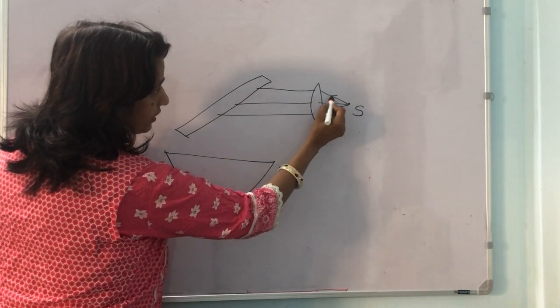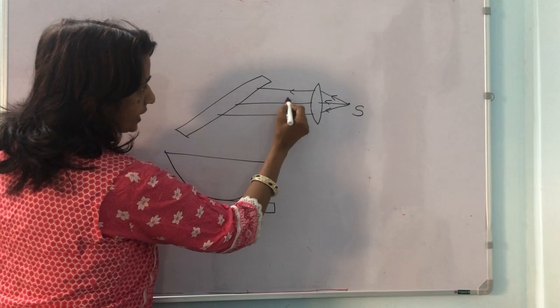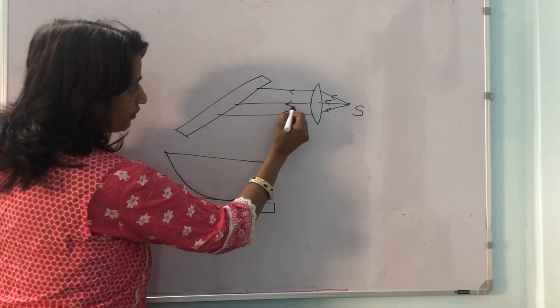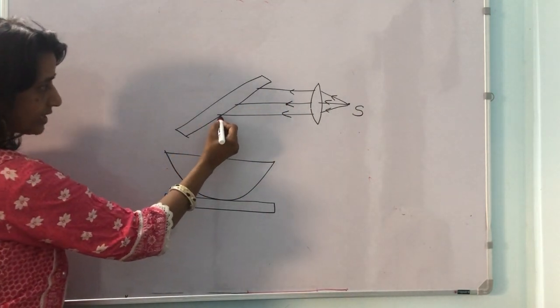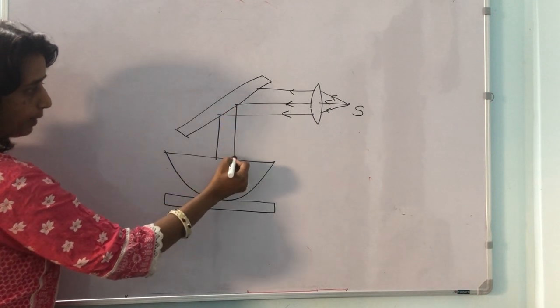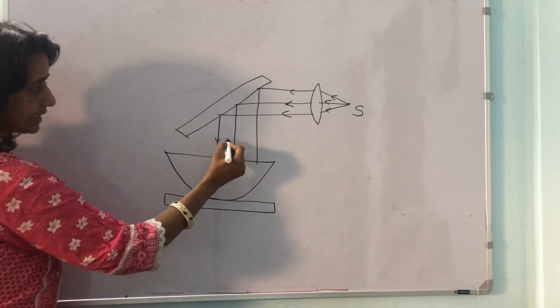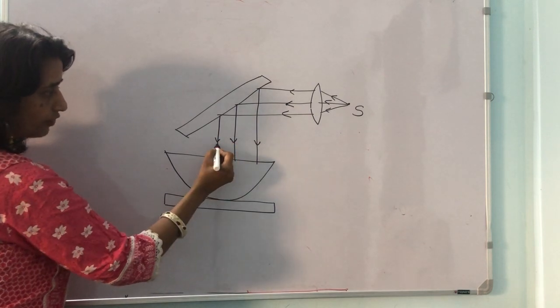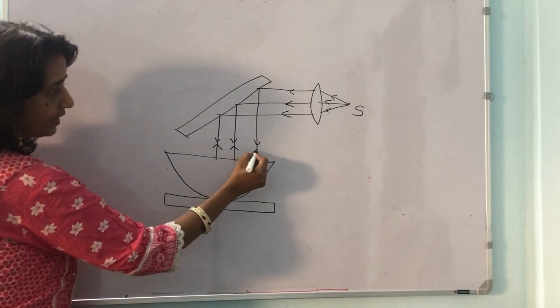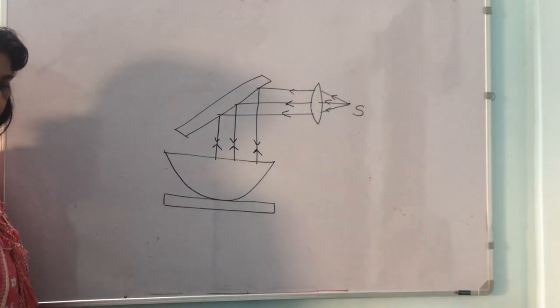Purposely we keep it at 45 degrees so that, from the principle of reversibility, these rays will fall perpendicular to the plano-convex lens, and after falling perpendicular, they will retrace their path.